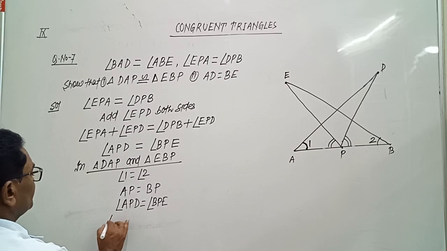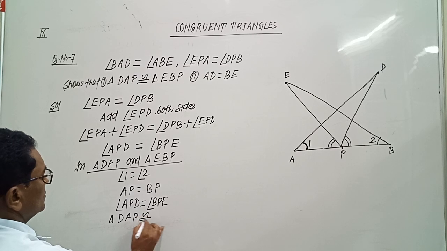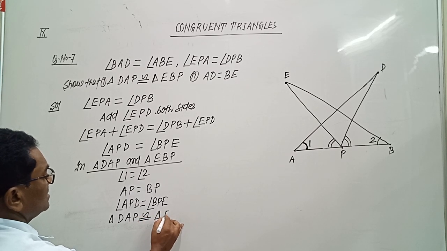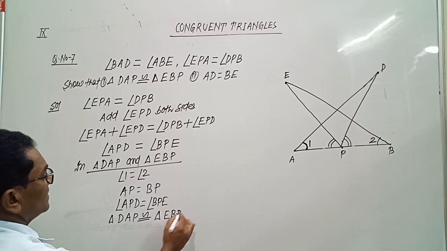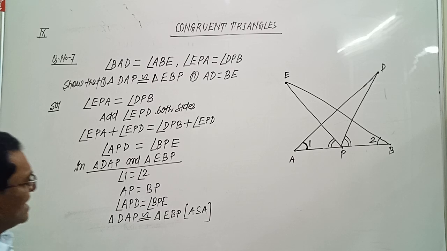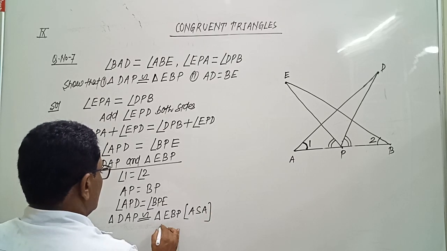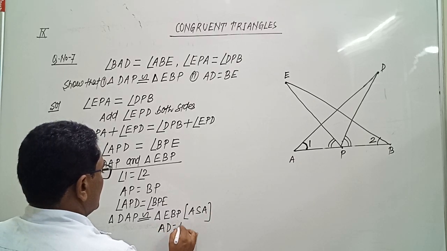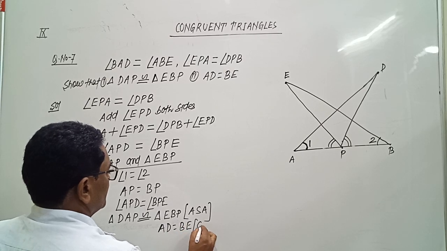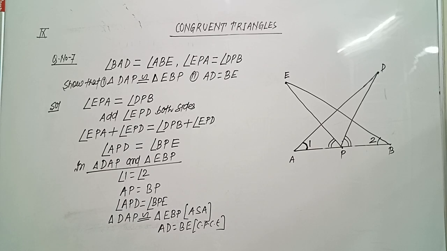So triangle DAP is congruent to triangle EBP by ASA, and by CPCT AD equals BE. So we prove this theorem.